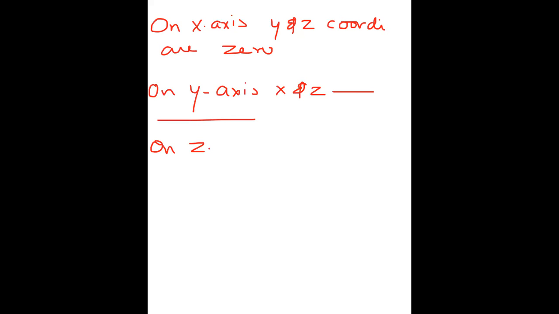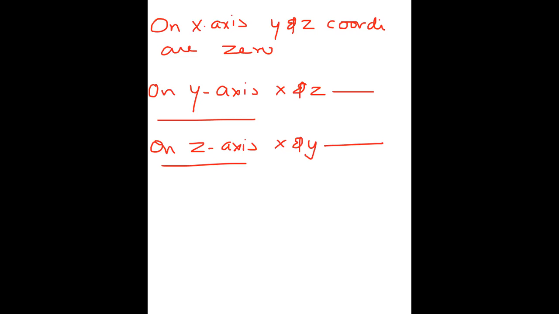On the z-axis, x and y coordinates are 0. On the x-axis, the other two coordinates will be 0. On the y-axis, the rest of the two coordinates will be 0. On the z-axis, x and y will be 0.